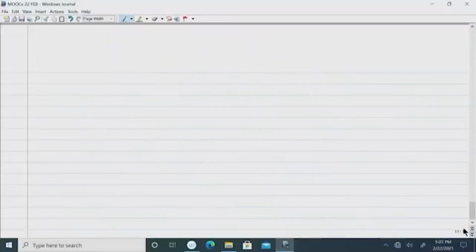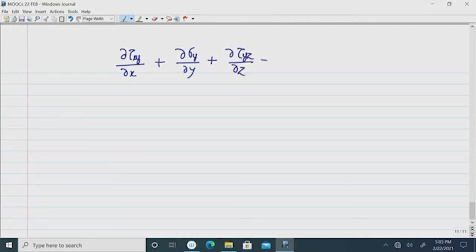Now, if I want to find tau yz, similarly I will carry out the integration of the second equilibrium equation after substituting the value of m y and this. The second equilibrium equation is del tau xy by del x plus del sigma y by del y plus del tau yz by del z equal to 0.